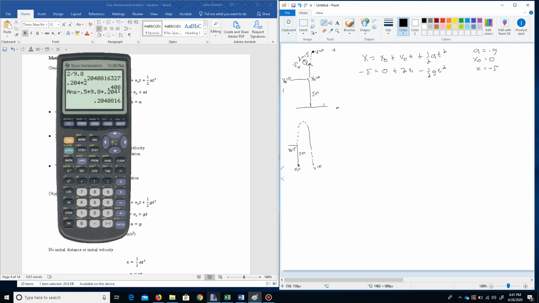What you end up with is the same thing we're going to end up with here: I'm going to move that 5 over this side, so we get 0 equals 5 plus 2t minus 1/2 gt squared.